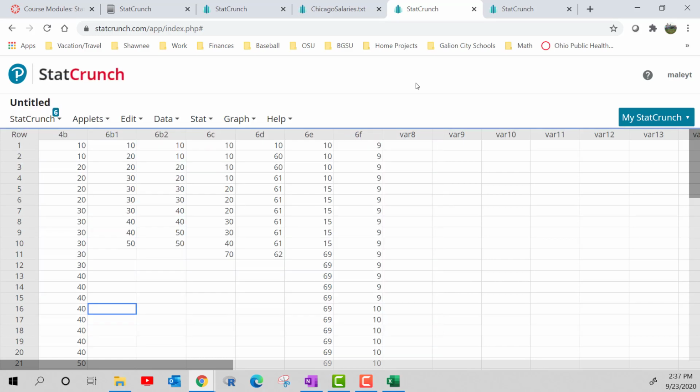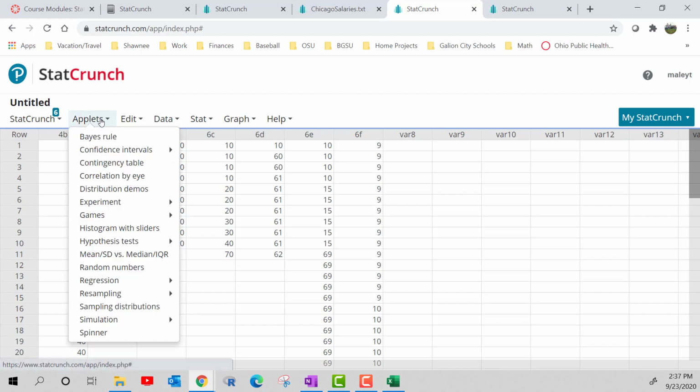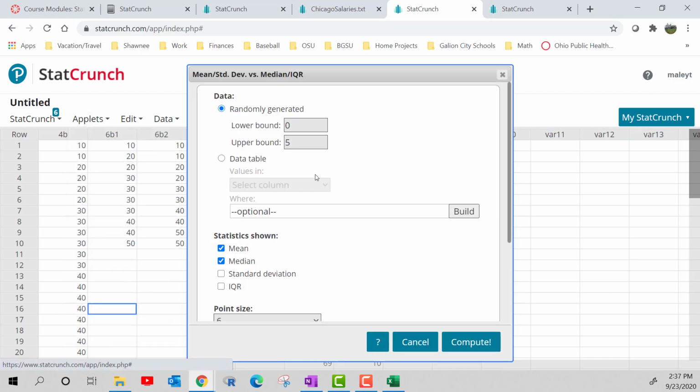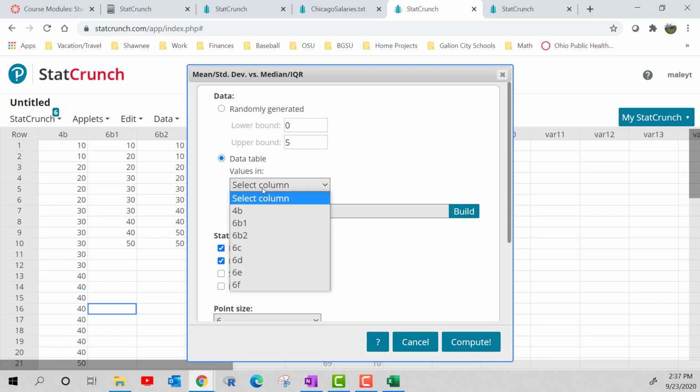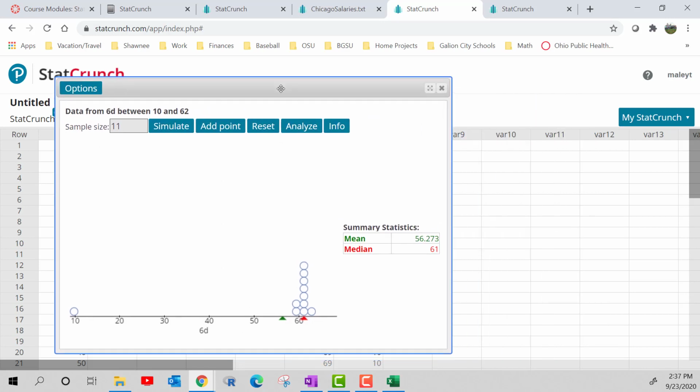Then we're asked to do the same thing in part D, except we want the mean to be less than the median. So if I go back to the applet, the mean standard deviation, and use the data set that I gave you labeled 6D and hit compute, here's an example where the mean is less than the median, and if you look at this shape, it is skewed left.